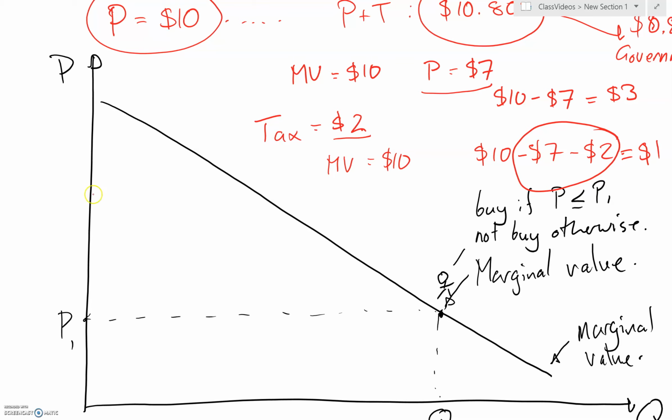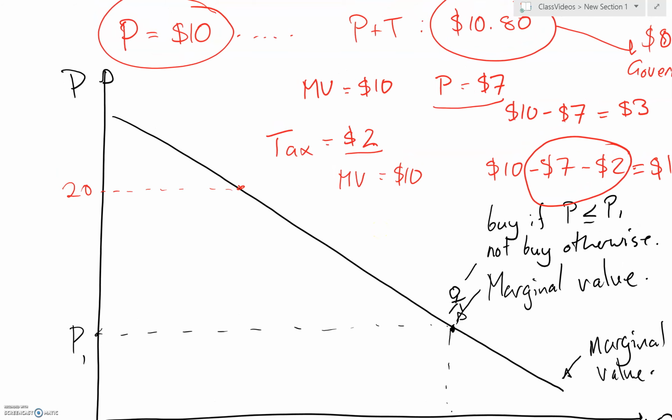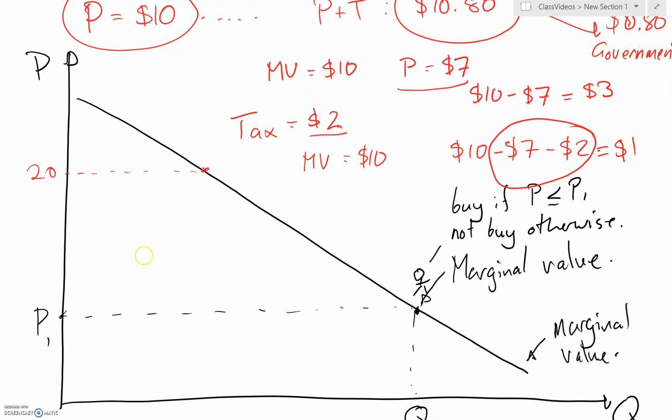So if before buying the item made me, say, $20 better off, and now there is a tax of, say, $3, then I am now $3 worse off than had I not paid the tax.